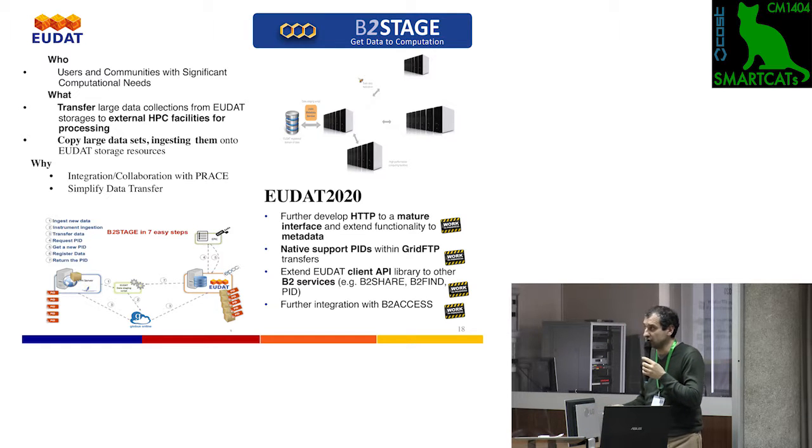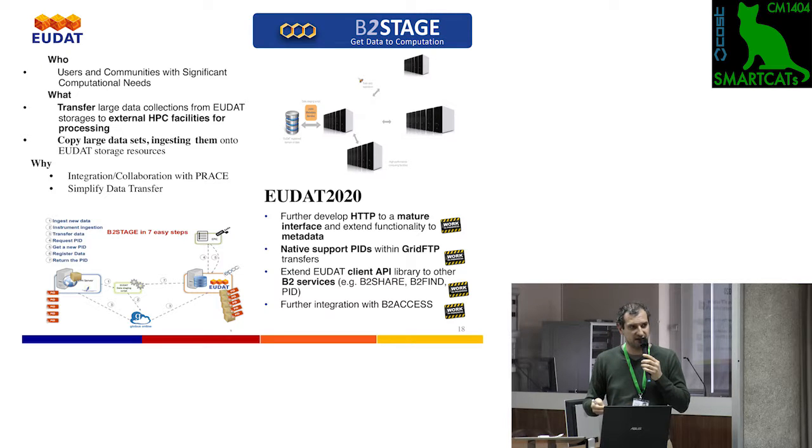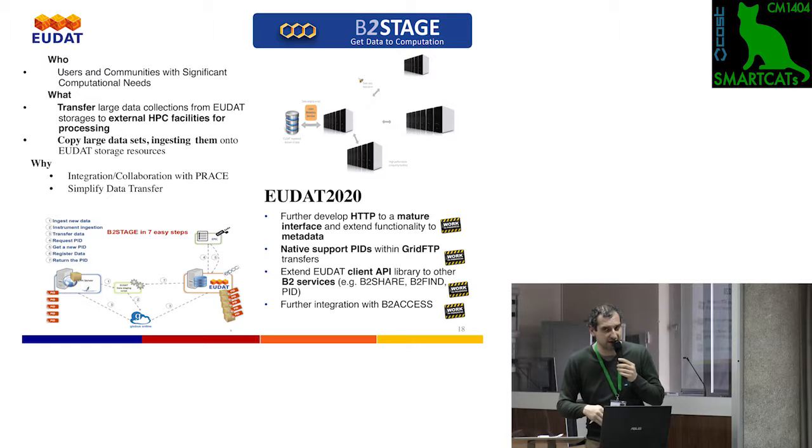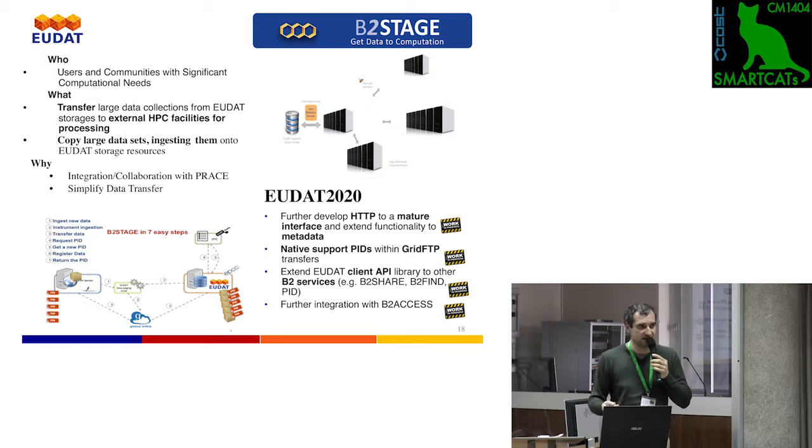B2Stage is oriented to, of course, EUDAT. The centers in EUDAT are also members of PRACE, for instance, and so some users also move their data around the PRACE centers.